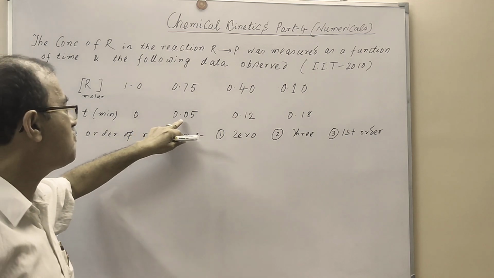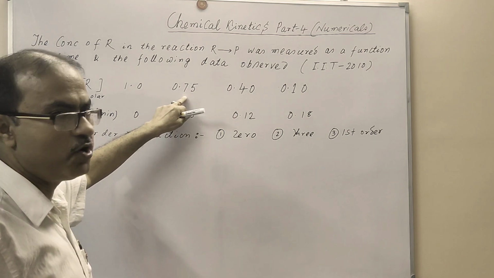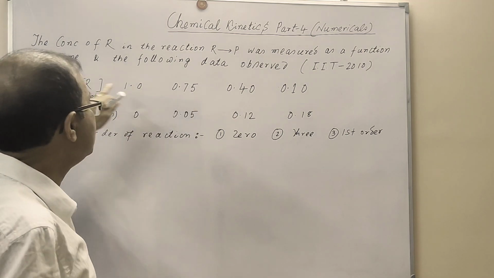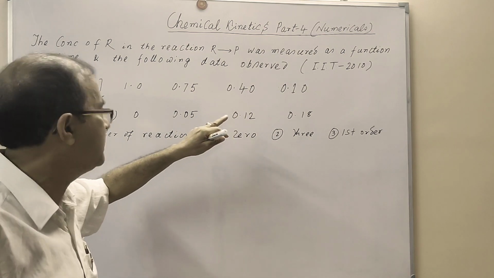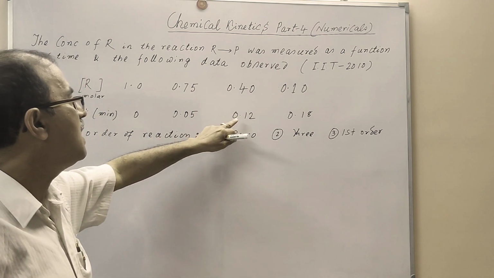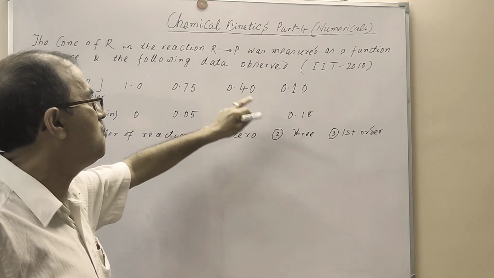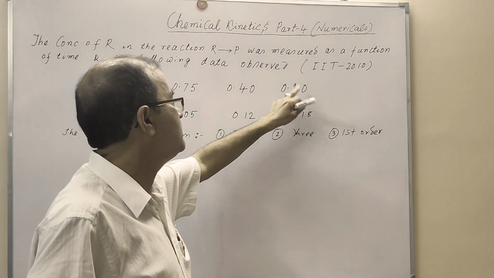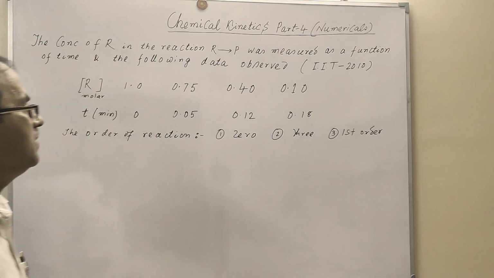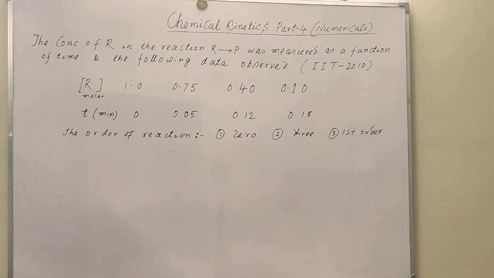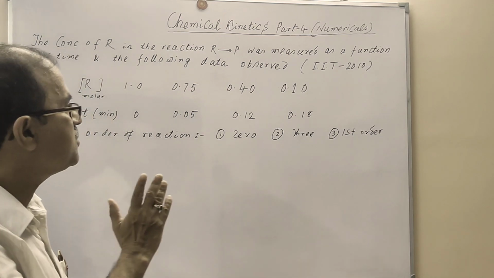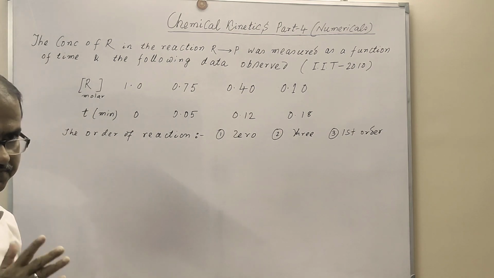When T equals 0.05 minute, R is 0.75. R means the concentration of the reactant R. And when it is 0.15 minute, it is 0.4, and at 0.18, it is 0.1. So you can see that with time the concentration keeps decreasing.